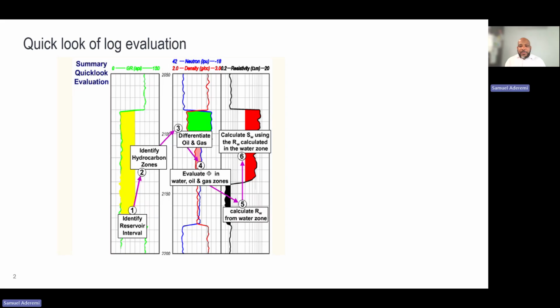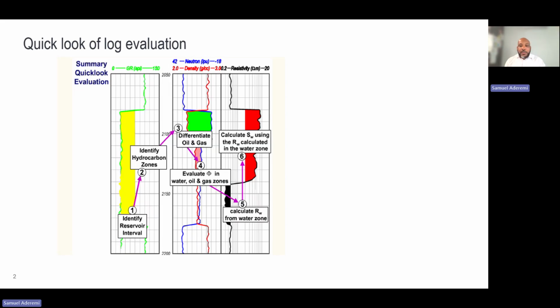And once we have identified the fluid type, that is the gas, that there is gas in the system, then we can evaluate the porosity across the water, oil, and gas zones. This will help us to determine the storage capacity of the reservoir.